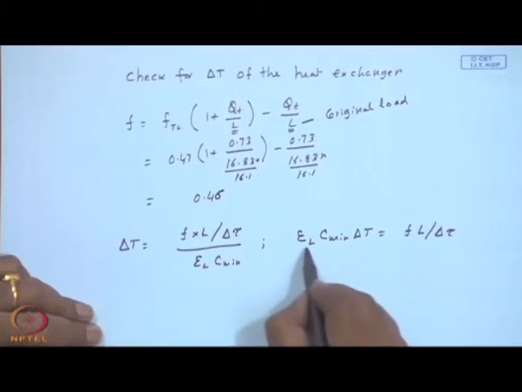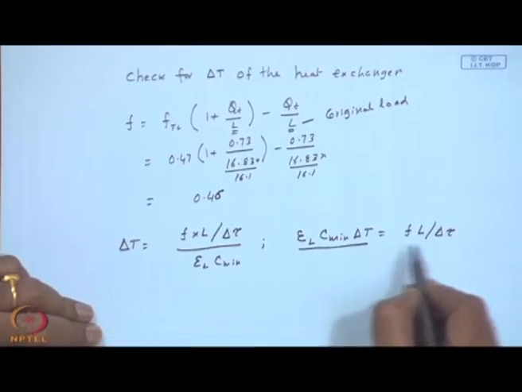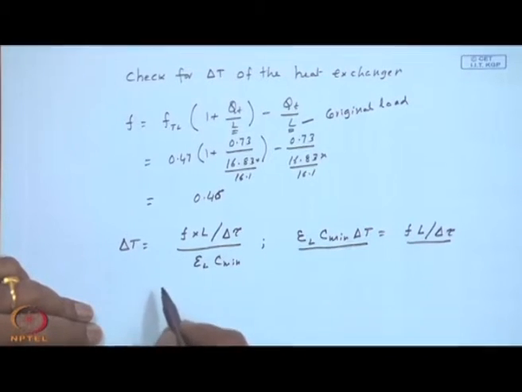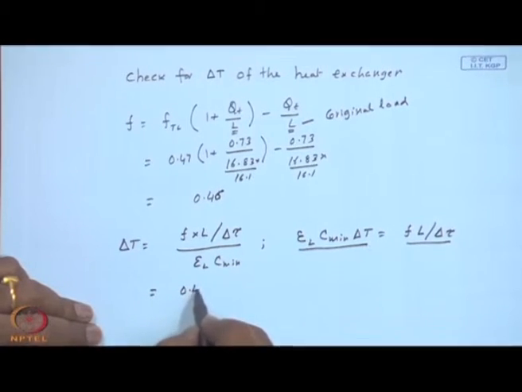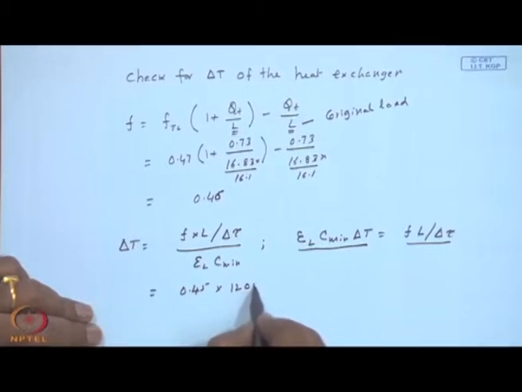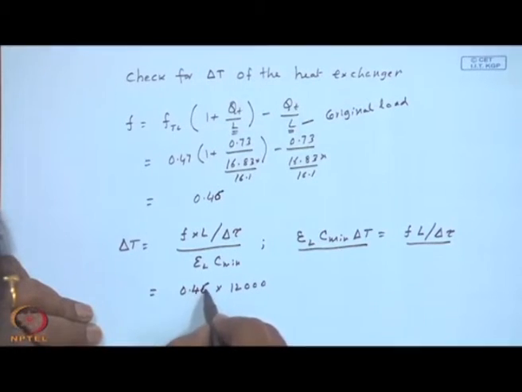So, if you interpret like that, this is the perfect heat exchanger heat gain equation and this is the energy transferred. So, this delta T should be equal to 0.46 into 12,000 by 1350.